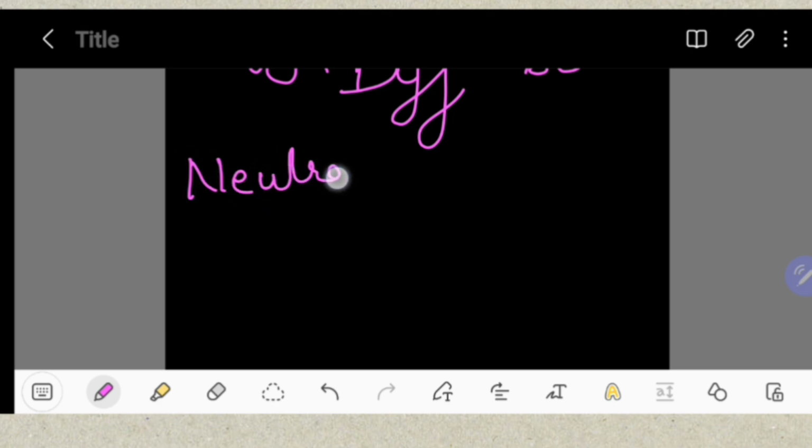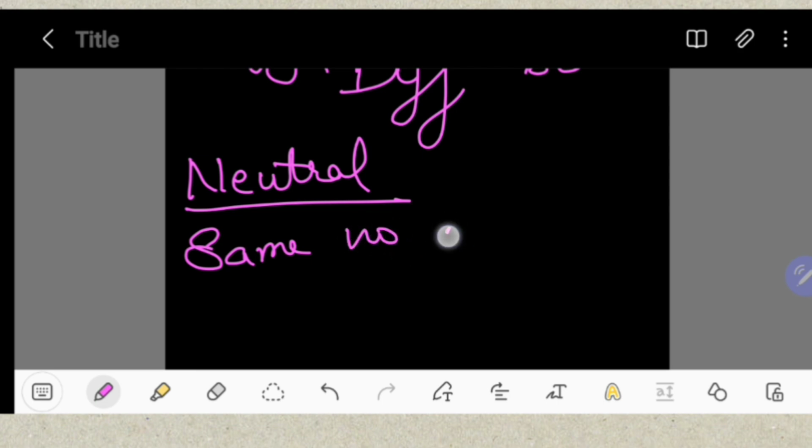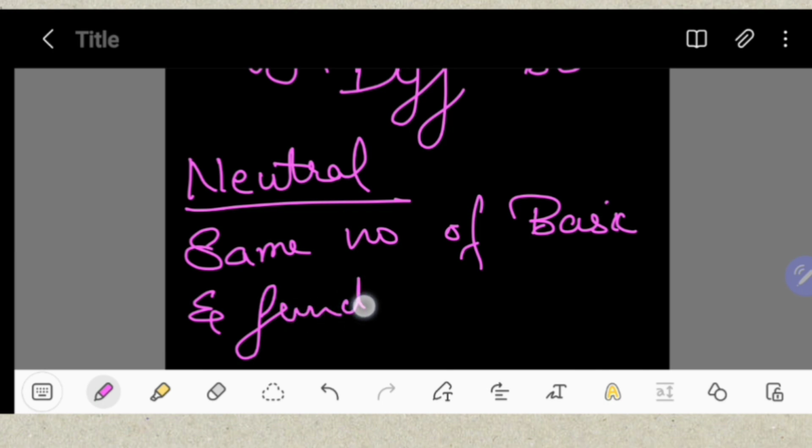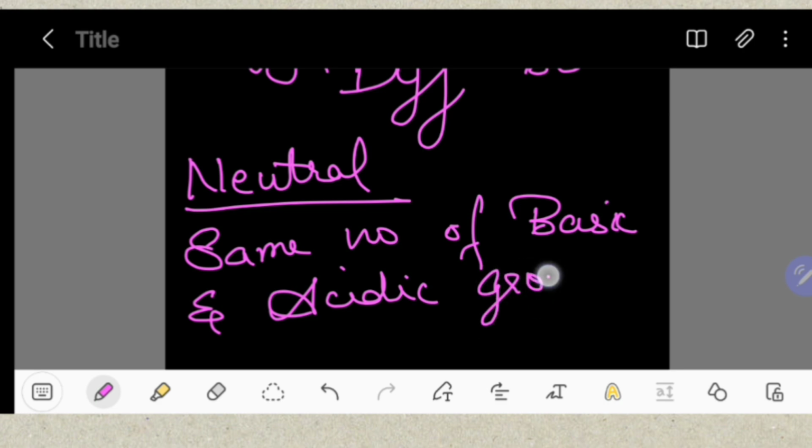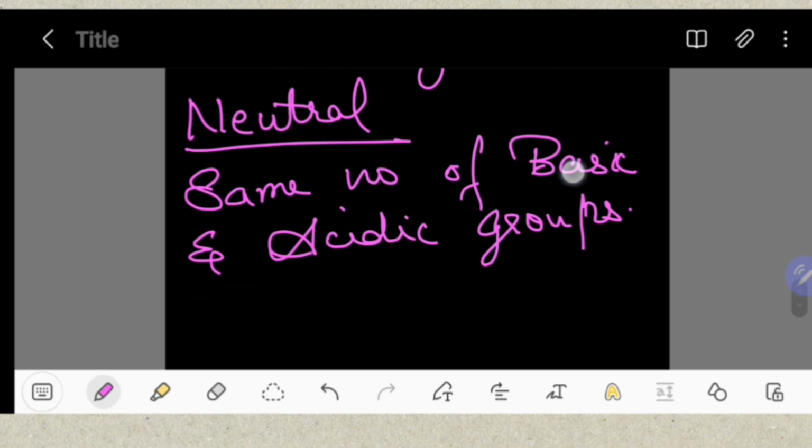If the same number of basic and acidic groups are present, then it is called a neutral amino acid.